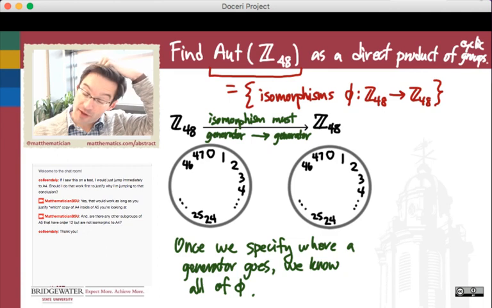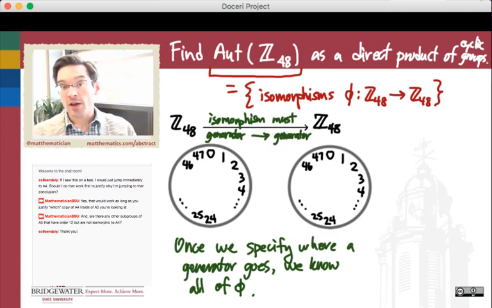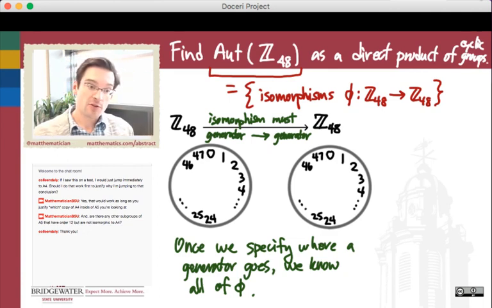We know everything that it does. This is similar to linear algebra. If you tell me what a linear transformation of vector spaces does to a basis of its domain, then because the entirety of the algebra in that vector space is dependent on that basis, we then know what that linear transformation does to the entire vector space. Same deal here with generators in relation to the whole group.